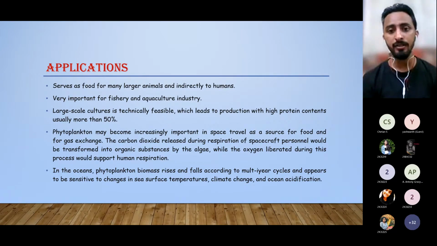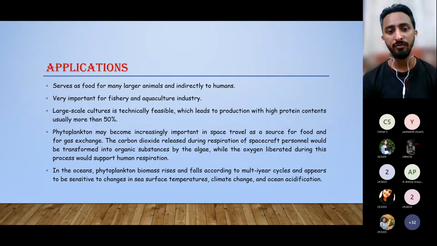And these cultures are very important in the sense that high content proteins are derived, because large scale production of phytoplankton will generally give more protein content, usually more than 50%, which can be used for other processes for humans as well, because the amino acid constituents of the protein group in this case are very compatible and are very much used as well.